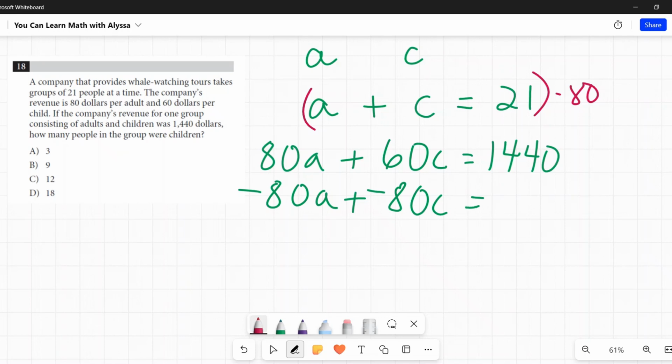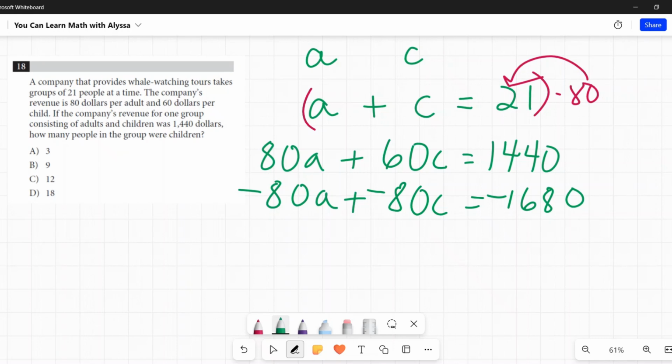And negative 80 times 21. Oh, is that 1,680? Negative 1,680? Let me check my notes. Let me see if I did that in my head right. Why, yes, I did. I'm weirdly proud of myself for that.